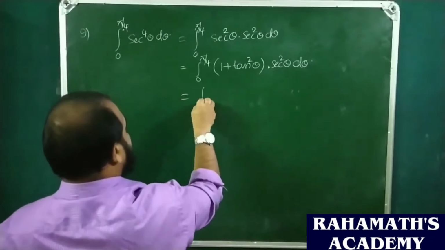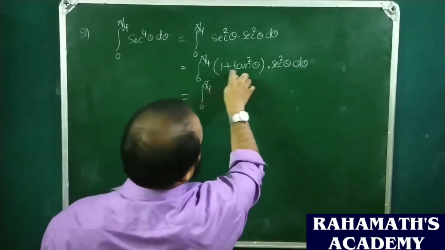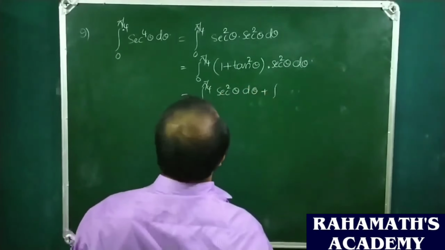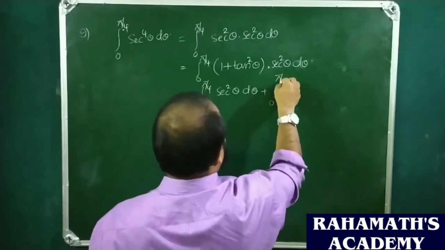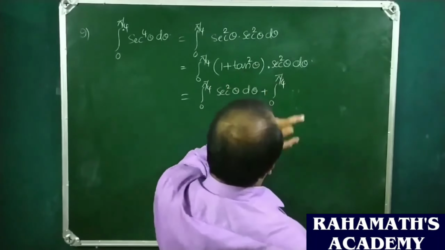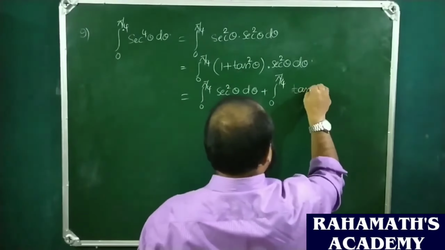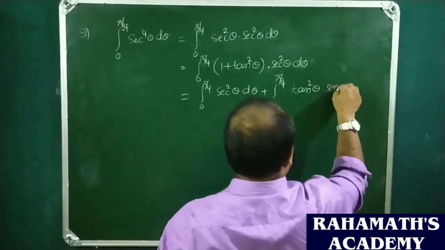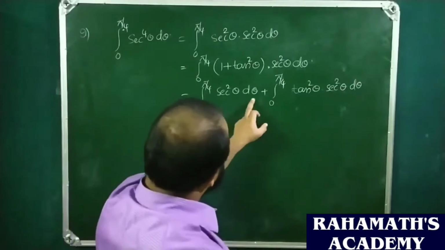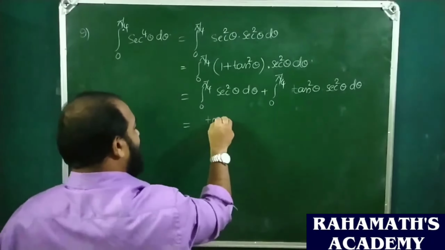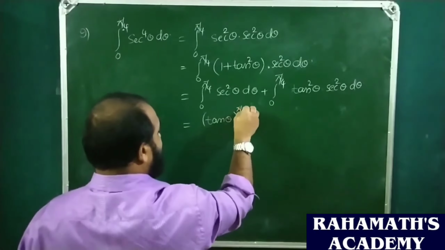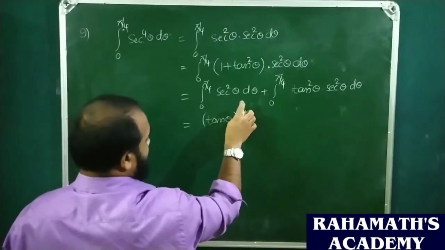So this is 0 to pi by 4, 1 into secant square theta is secant square theta d theta, plus 0 to pi by 4 tan square theta into secant square theta. Now integral secant square theta d theta is tan theta. Since the process of integration is over, we have to write 0 to pi by 4 here.